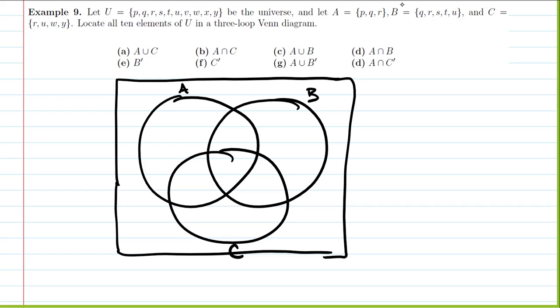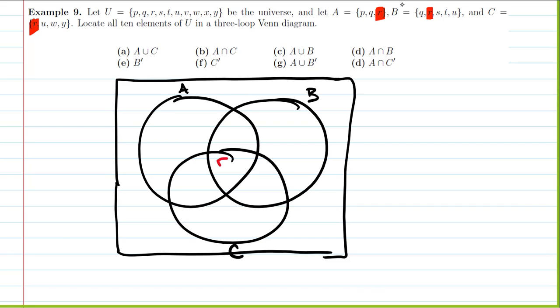But when we look at our set, we have R here. R also belongs to B, and R also belongs to C. So where would I have to put R in my diagram? Because it has to be in A, B, and C, it's going to be in the very middle here where all 3 of them overlap.